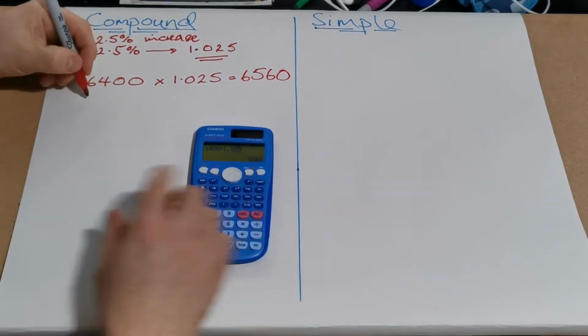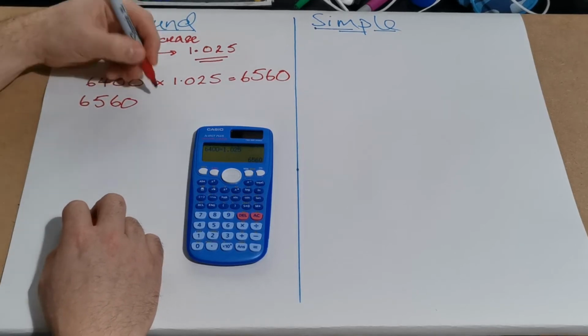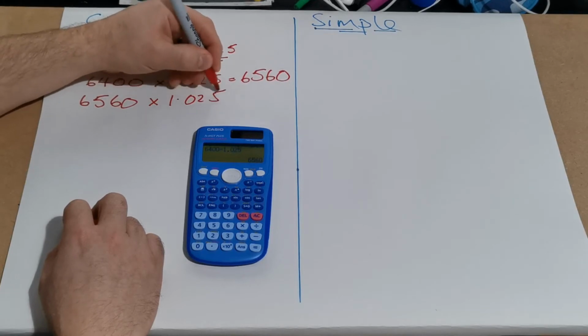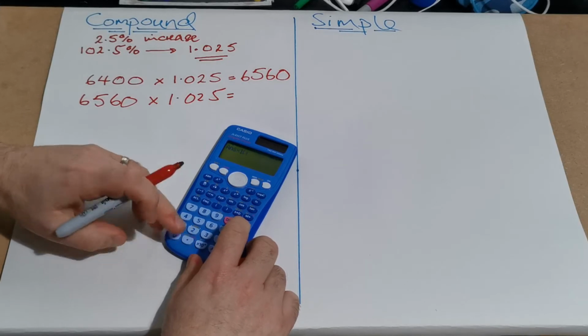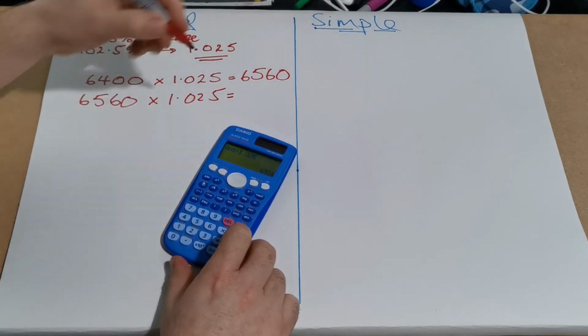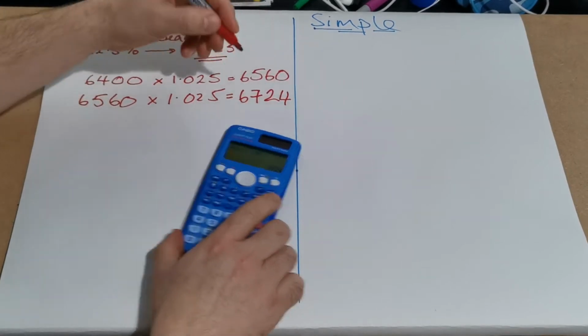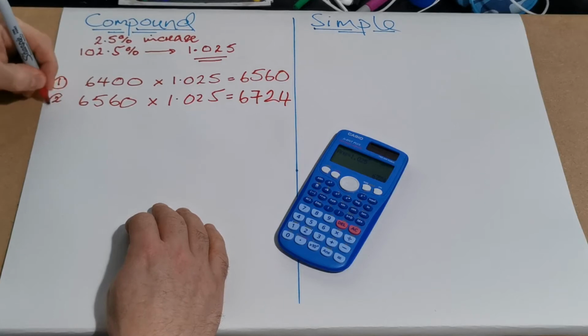Now if I take that 6,560 and times by 1.025 again, I get 6,724. So this is 1 year, this is 2 years.